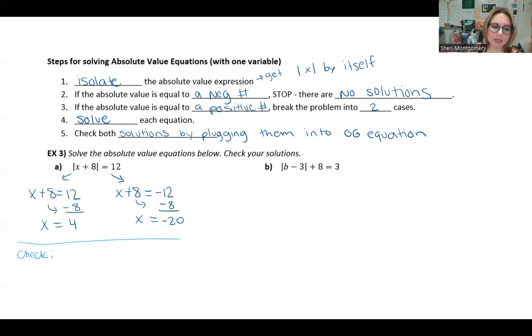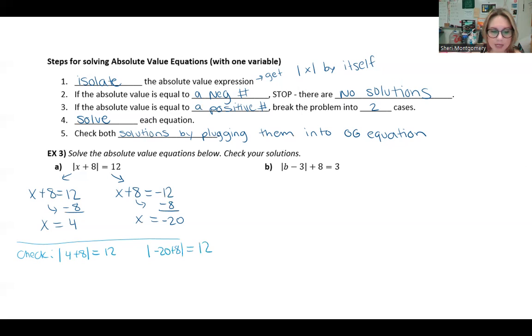So what I'm doing is I'm plugging these into the original equation, so I have to do it twice. I get the absolute value of 4 plus 8. I'm trying to see, is it equal to 12? And then I get the absolute value of negative 20 plus 8. Is that equal to 12?